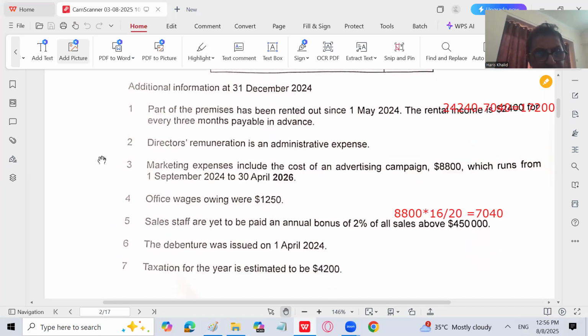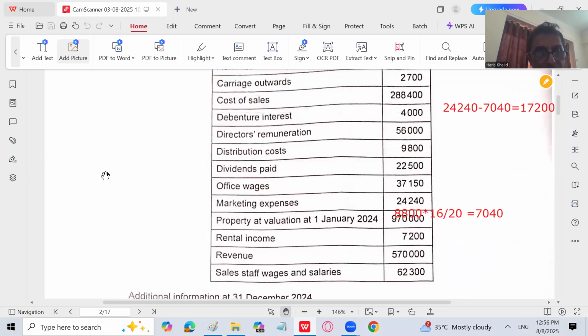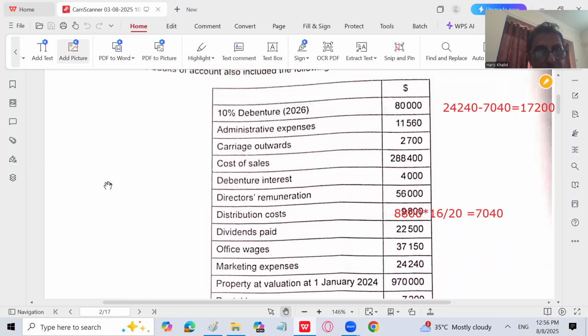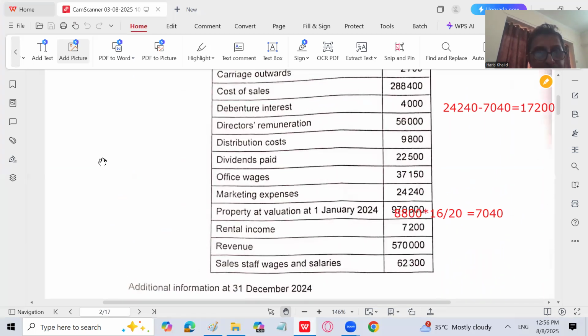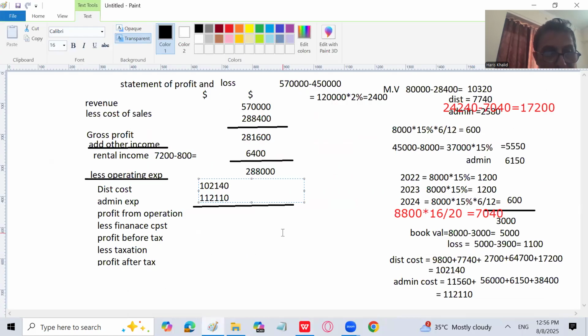Let me see if I have missed something. Debenture is supposed to come afterwards. So I think I have recorded all the things which are needed in the question. Done with that comfortably. So let me go for the total of these expenses. Everything is going fine. 112,110 plus 102,140.